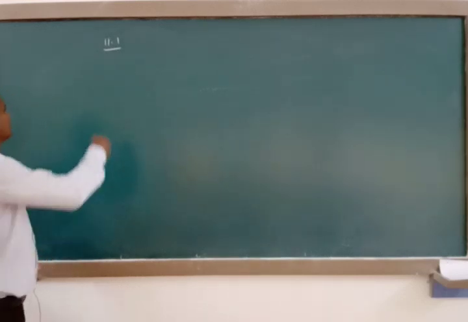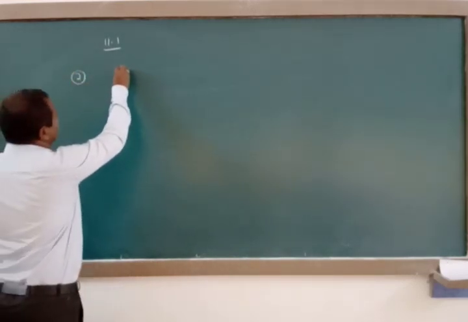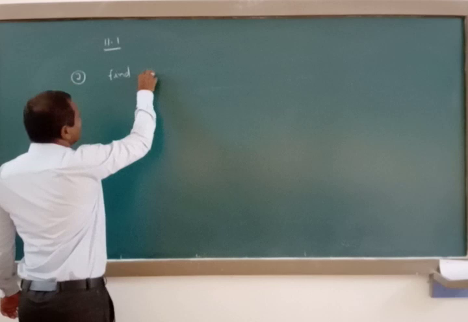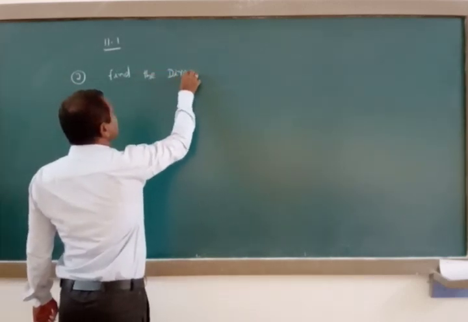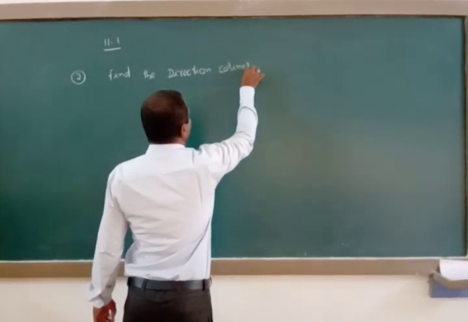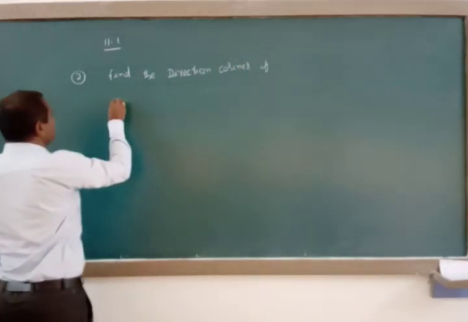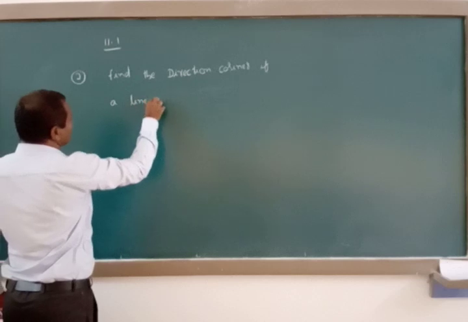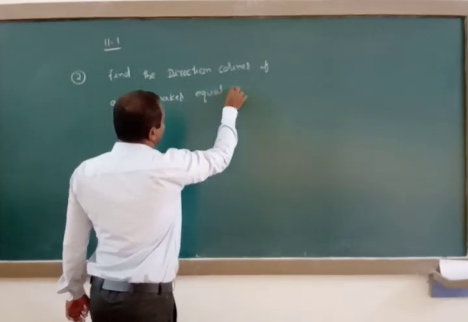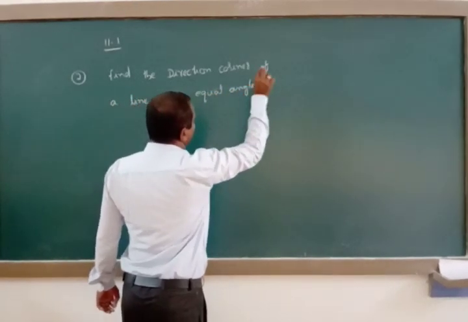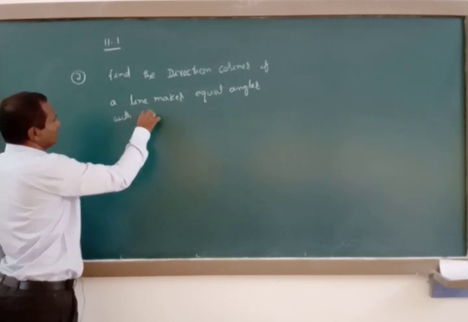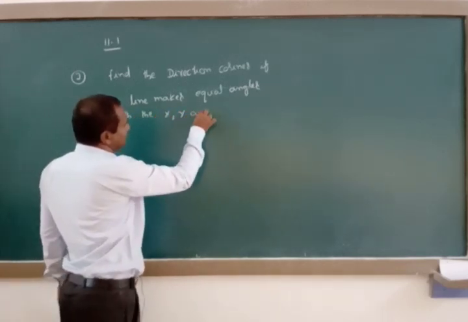Find the direction cosines if a line makes equal angles with the coordinate axes, that is the x, y and z axes respectively.